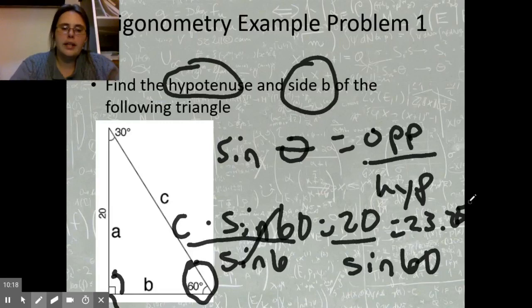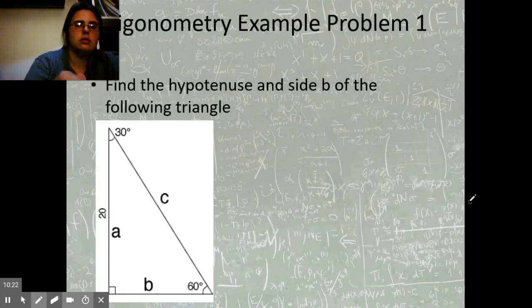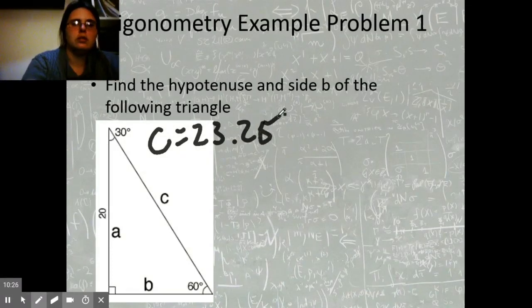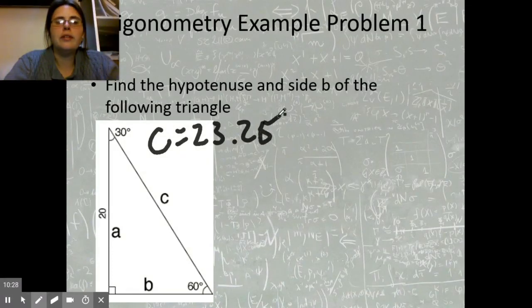So then we say that C is 23.25, and usually there are units on here, but we're skipping those for right now.